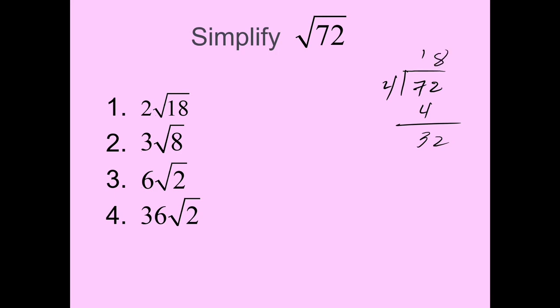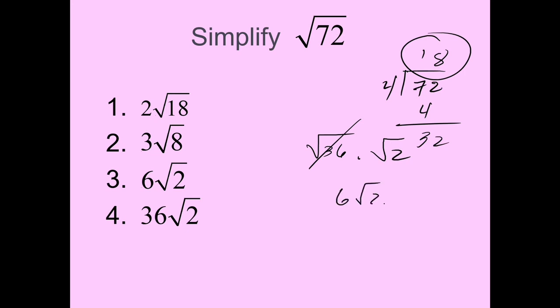Ayan, 18. Okay. So, we have 2. So, pwede pa natin siyang gawing 36. Ayan, 36 kasi ito may factor siya ulit. So, doon na tayo sa pinakamalaki. 36 times 2 is 72. So, square root of 36 times square root of 2. Ilabas na natin yan. It will become 6 square root of 2. And that will be our answer.